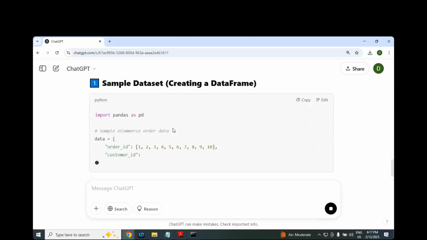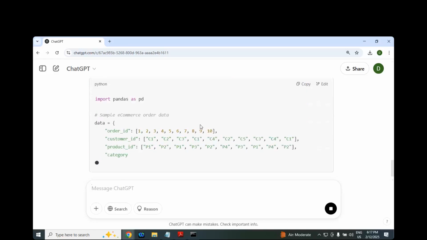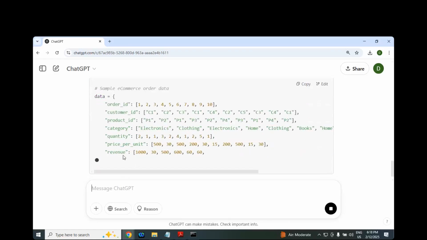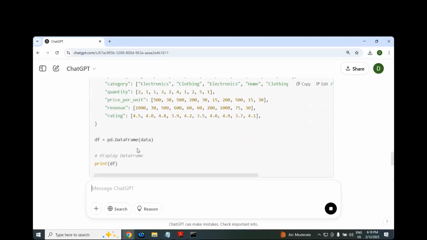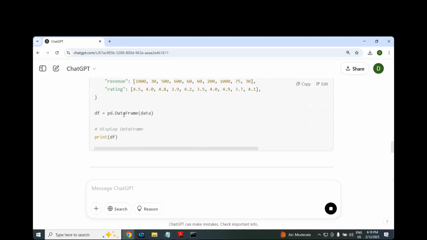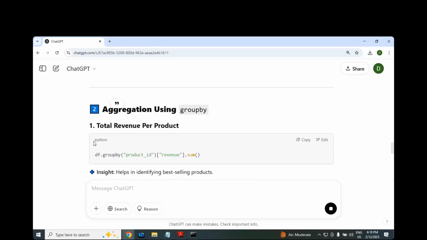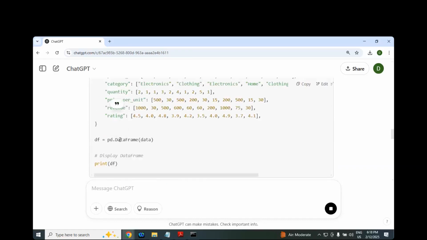Now this is the valid example. What is the first one? Sample data set. Creating a data frame. Okay, see. It is customer ID, product ID, category, quantity. Very nice, man. Price per unit actually. Revenue. Rating. It is preparing the data set. The next one, creating the data frame. Any idea what this is? Class actually. Yeah, please. That's what. Class. It is not a function.